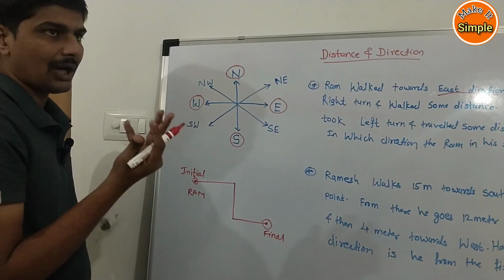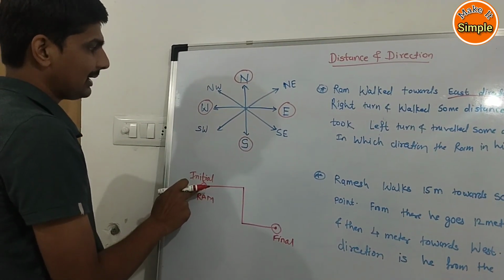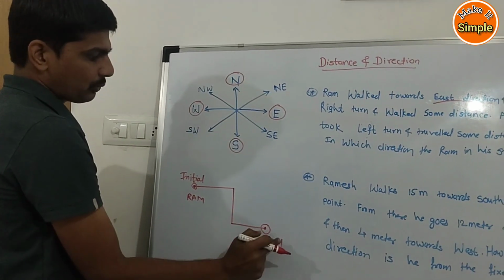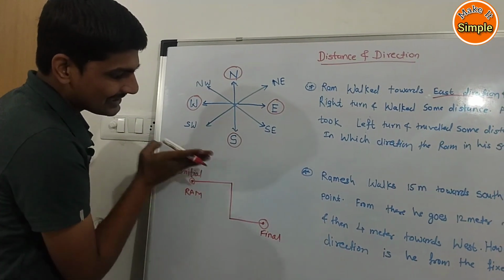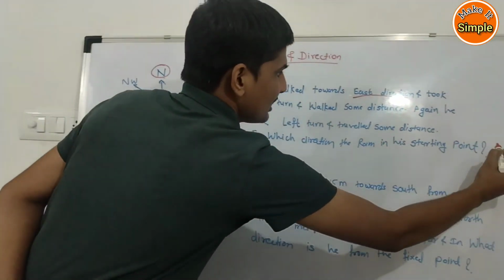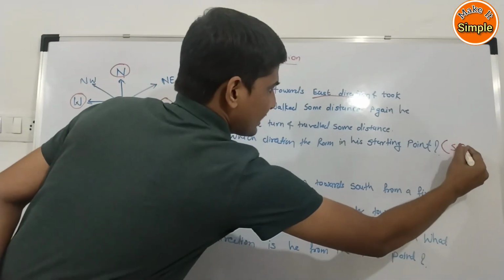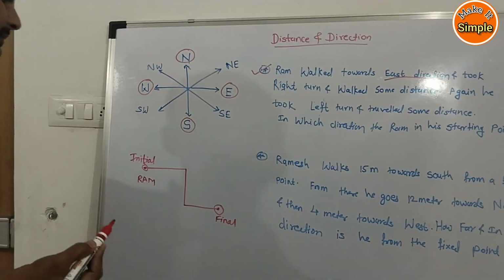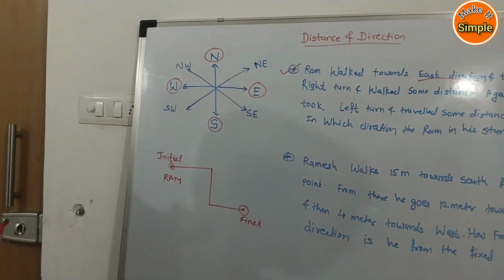Let us say this starting point is this point, and on the basis of that point, this point is towards the southeast direction. So the answer for this question will be southeast.